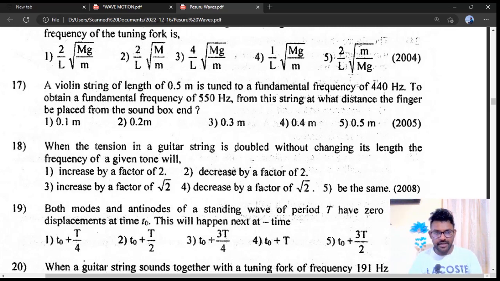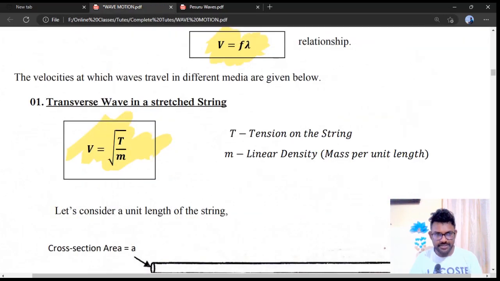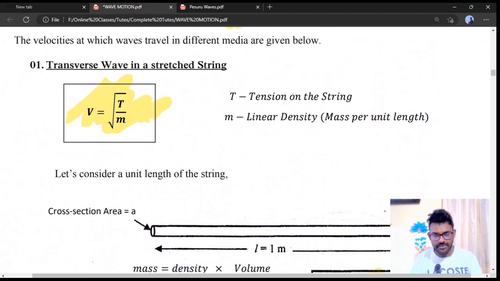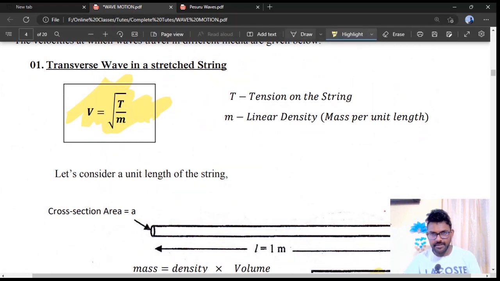Alright, so we have to find what happens to the frequency. It's not just asking about the velocity, it's asking about the frequency. What happens to the frequency? Well, we can write it this way.